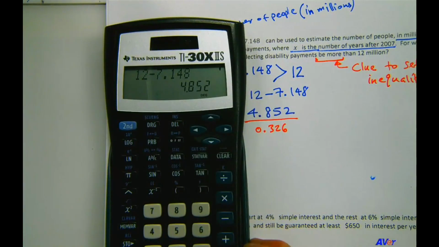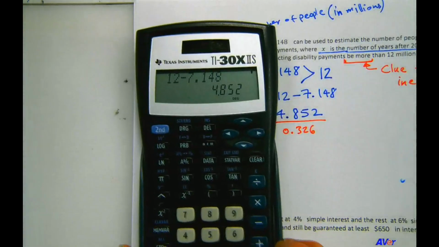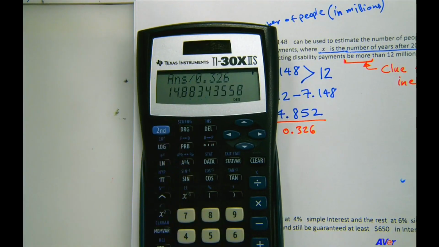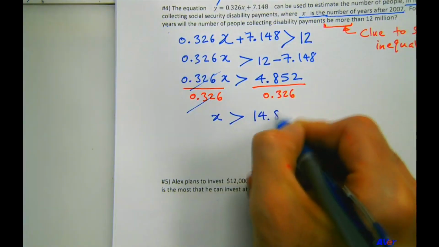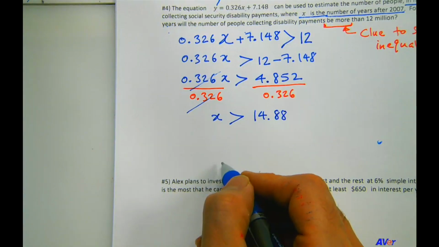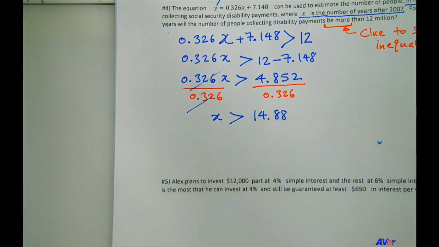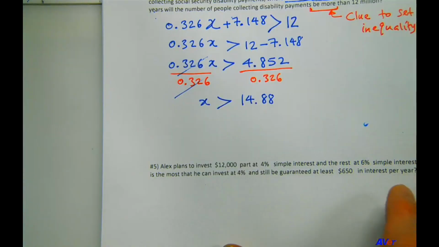We divide 4.852 by 0.326. We get 14 point something, but we want to round that number, so let's round it to 14.88. So x is greater than 14.88. And because we're talking about years, let's round it to 15, to the nearest whole number.